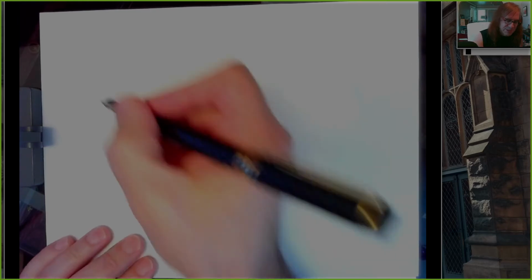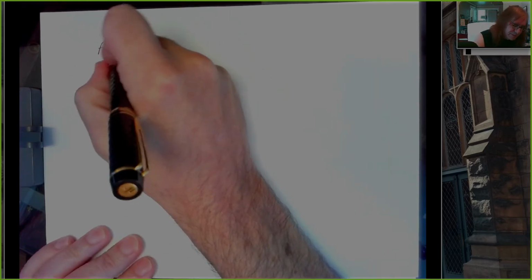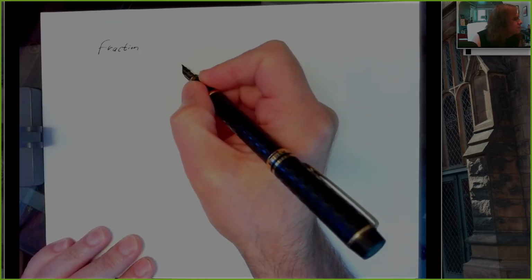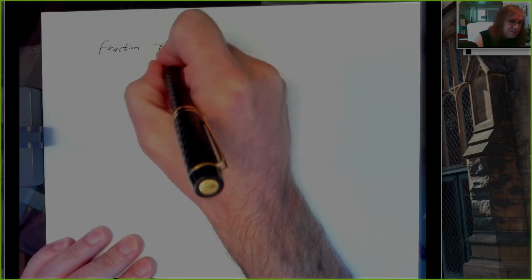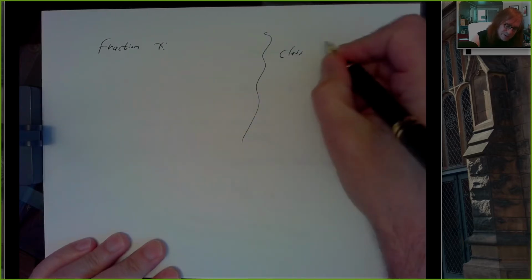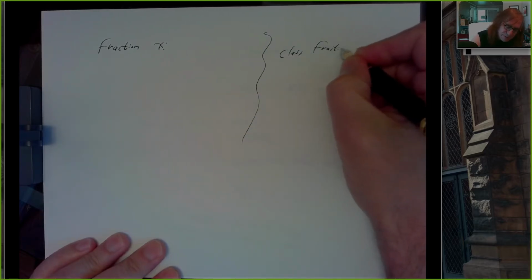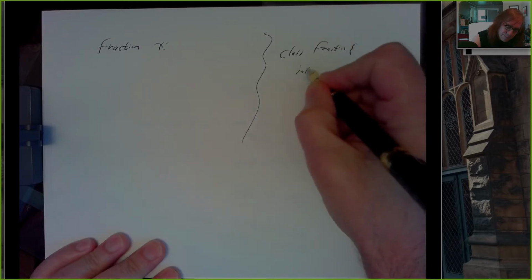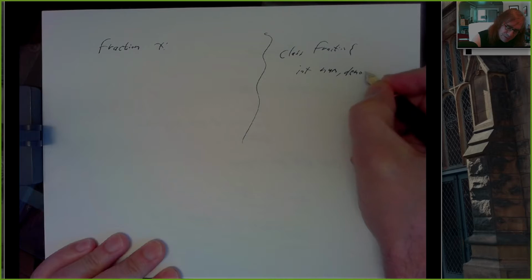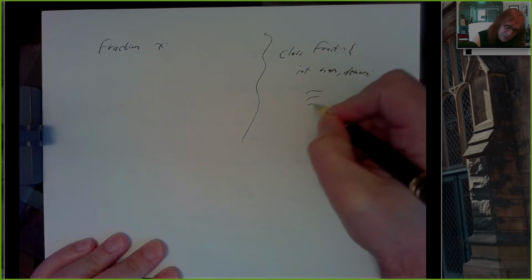But here's the idea. You're going to have a fraction, and we'll go with yours. So you got a fraction x. And in your fraction class, you define a method. So over here, here's your class fraction. And it's got a numerator and a denominator and other stuff.